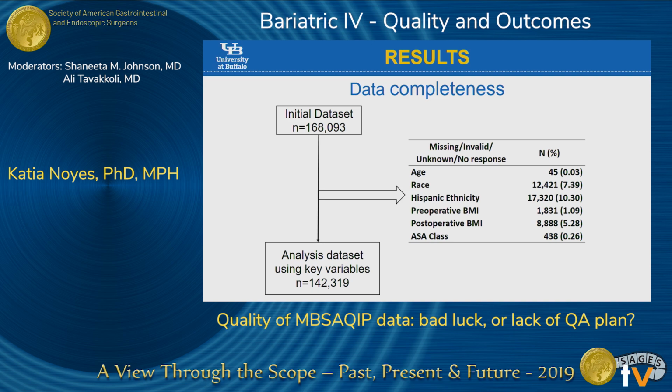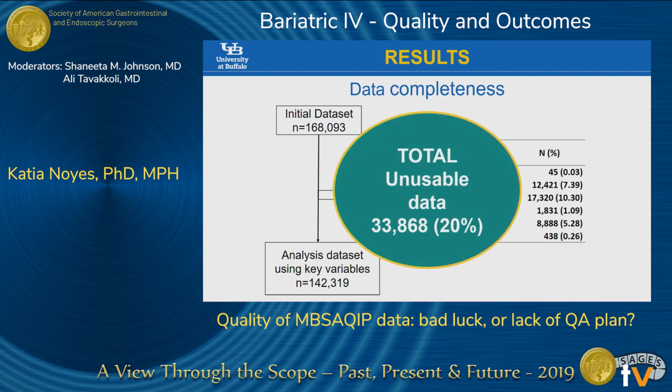So out of the 168,000 patients who received bariatric surgery in 2015, a fair number reported either unknown or physiologically impossible BMI, and many reported missing data, which resulted in an overall data set of 142,000 completed observations, which means 20% of data were discarded.